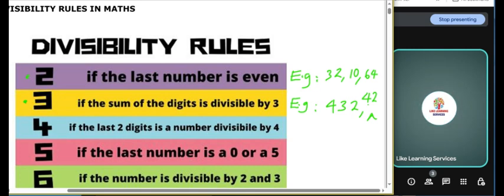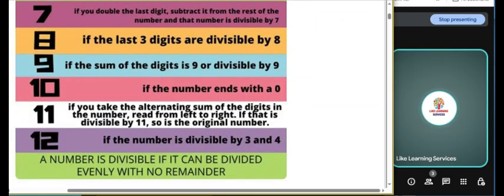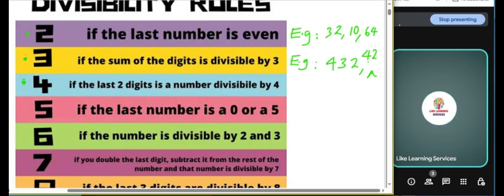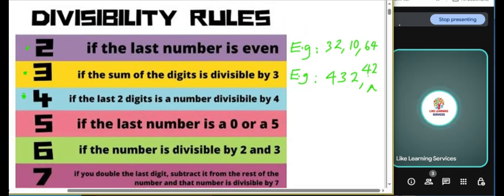Okay, number 4, divisibility by 4. By the way, divisibility means you can divide without a remainder. A number is divisible if it can be divided evenly, with no remainder. So divisibility by 4: if the last two digits form a number divisible by 4.